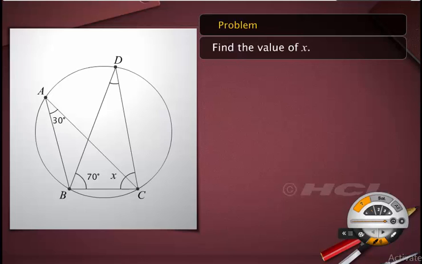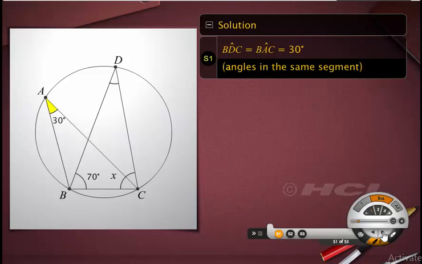Find the value of x. Since angle BAC and BDC lie in the same segment, they are equal. Therefore, angle BDC is equal to 30 degrees.